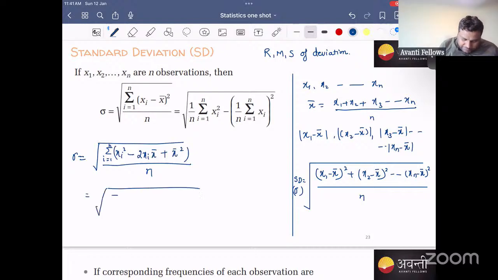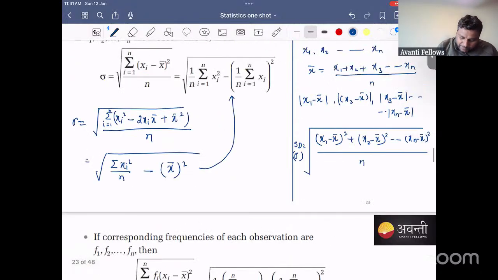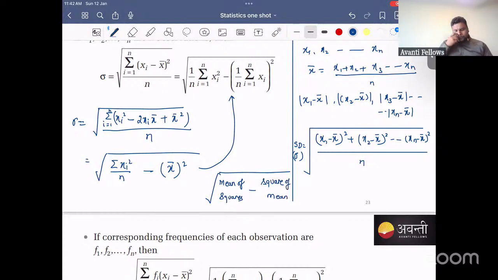Now, see, sigma xi square upon n is separate. If you simplify it, you get x bar square. That is this thing. And there's one thing that I always plan to remember here: under root of mean of squares minus square of mean.